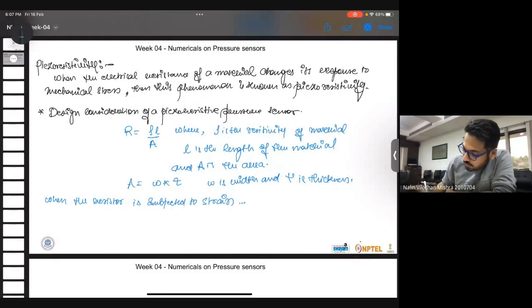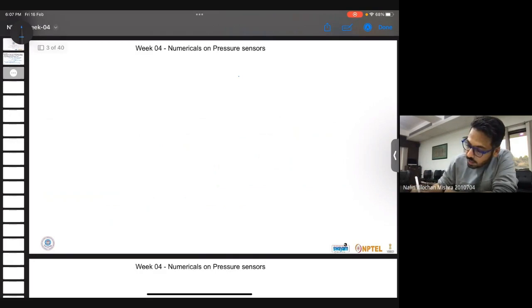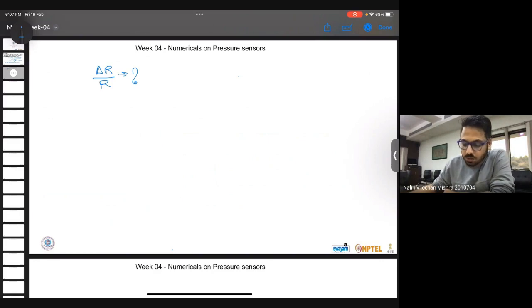So the relative change in resistance can be given by, so when I talk about relative change, it means that I'm talking about delta R by R. Okay, so I need to calculate this.